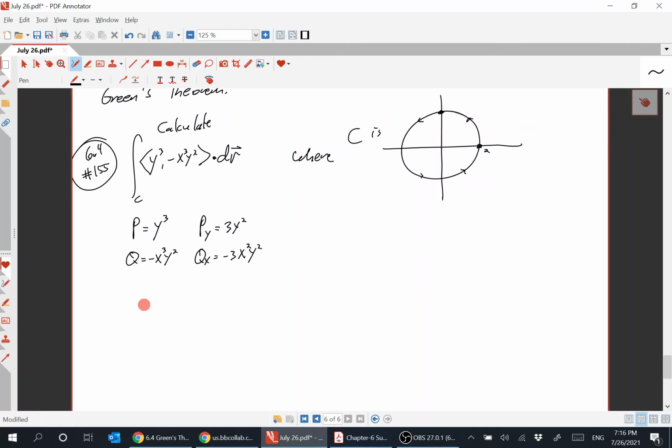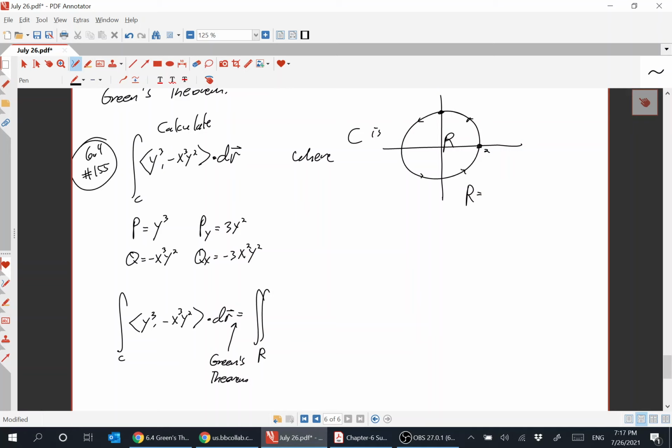So by Green's theorem, the double integral over the inside of C, which is R, the circle of radius 2.